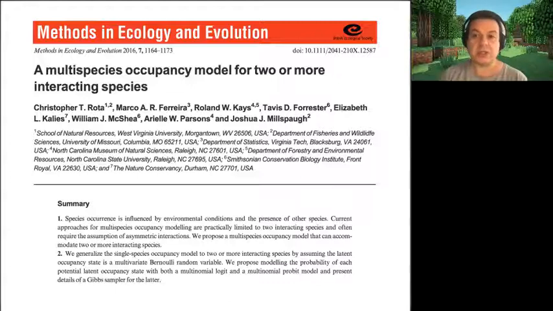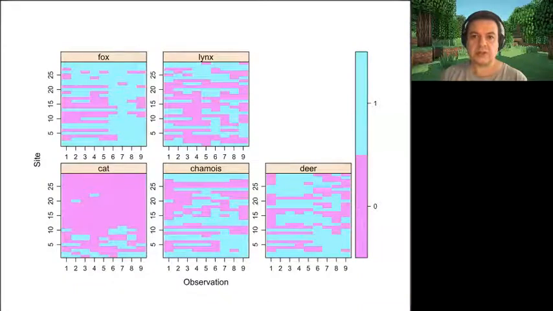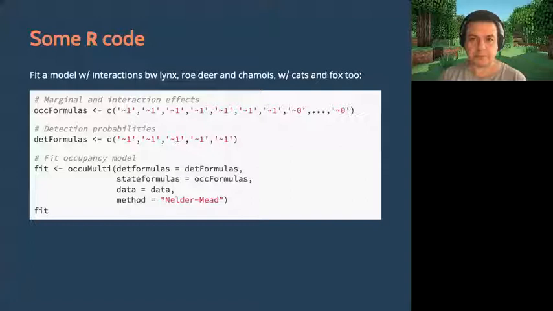These are the so-called occupancy models. And you can fit these models in R, which is cool, with the package unmarked. This is a snapshot of the data, one panel per species, so lynx here, fox and cats, with camera traps in rows and time, sampling occasions, in columns. Detections are in blue and non-detections in pink.